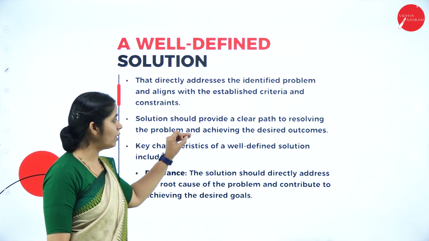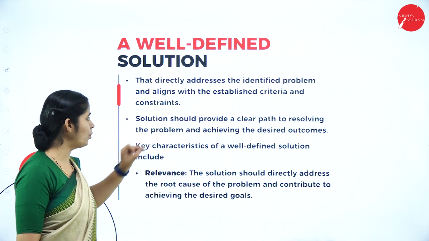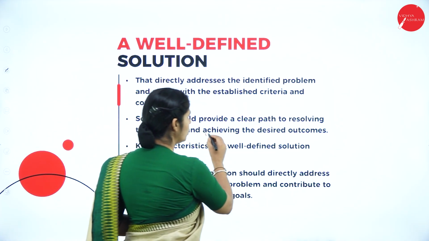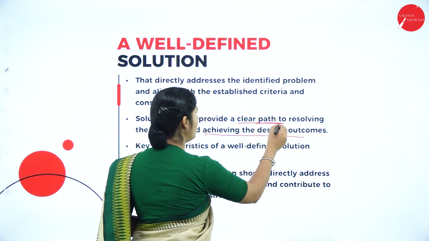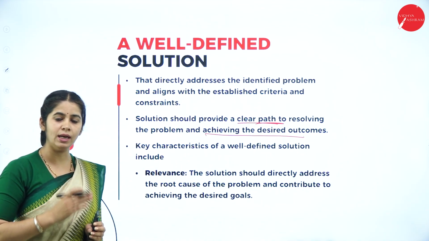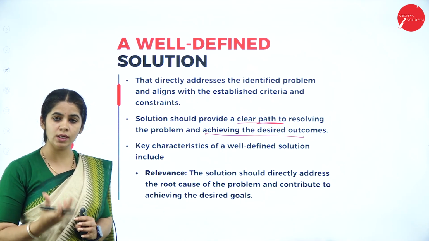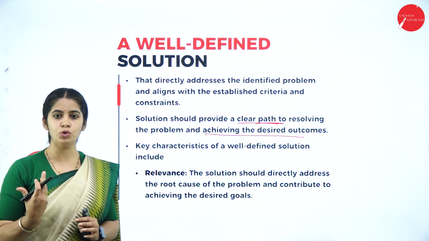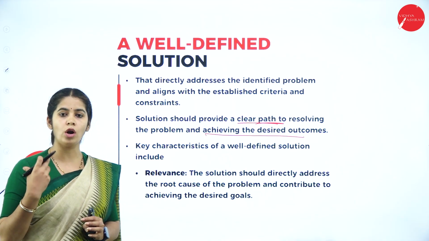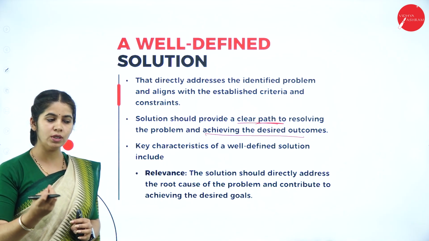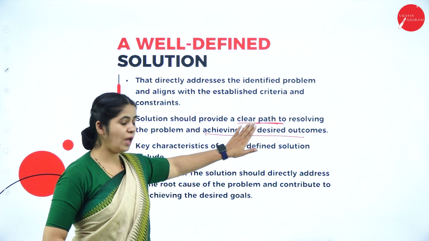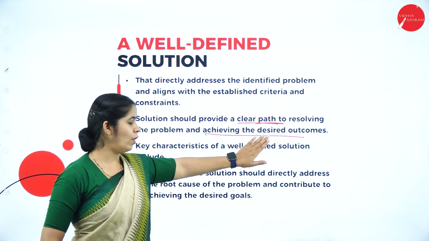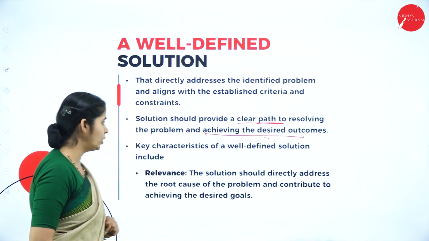The solution should provide a clear path to resolve the problem and achieve the desired goal. We should be very clear when choosing the solution. If we have multiple solutions, we have to choose one particular, optimal solution. While choosing it, it should have a clear path for achieving the desired outcome.